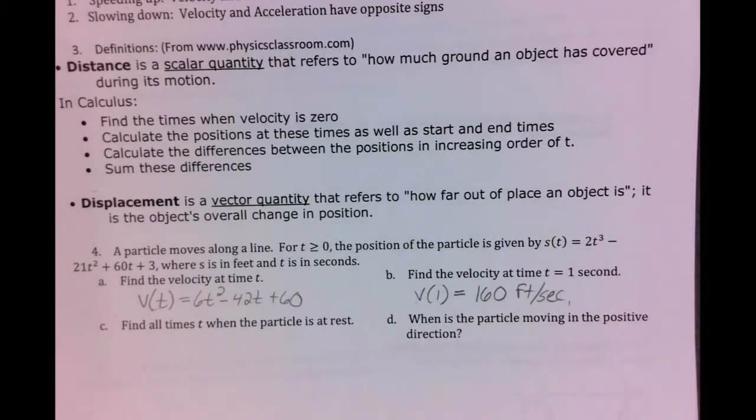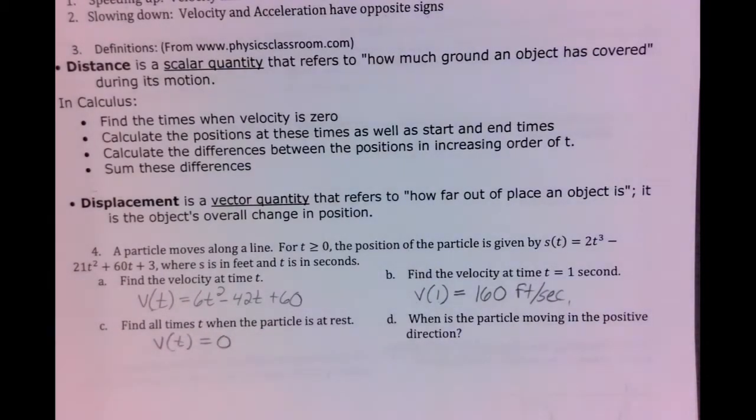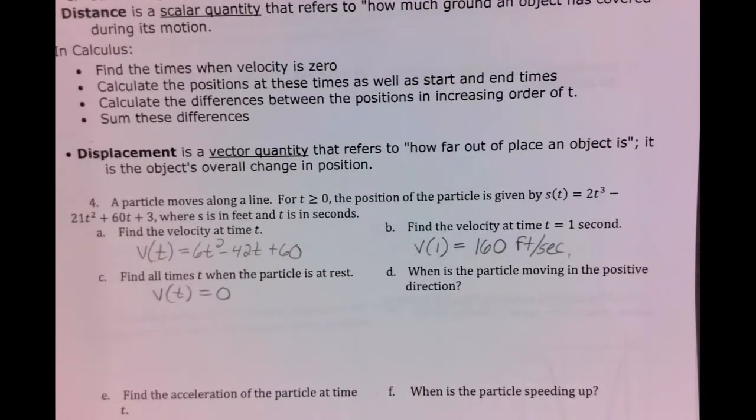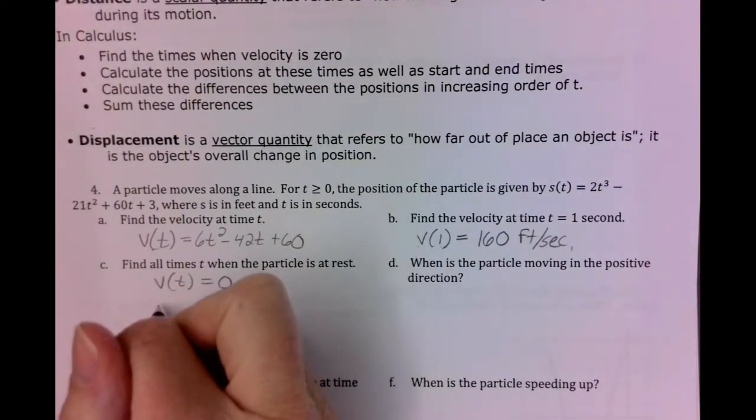Find all times t when the particle is at rest, when velocity is equal to 0. So particles stop when they have 0 velocity. In our case, we're going to have 6t squared minus 42t plus 60 equaling 0.